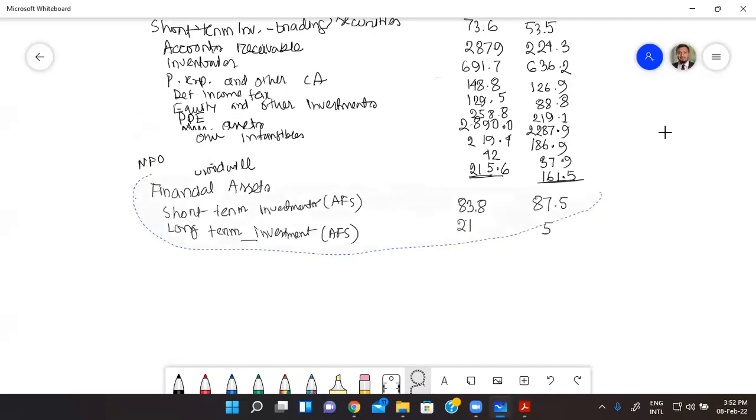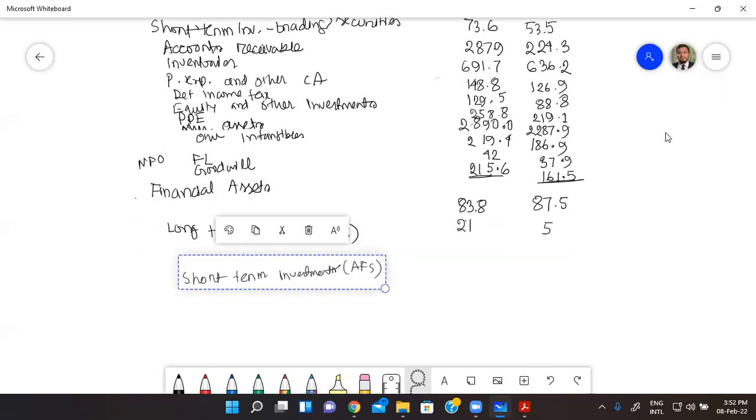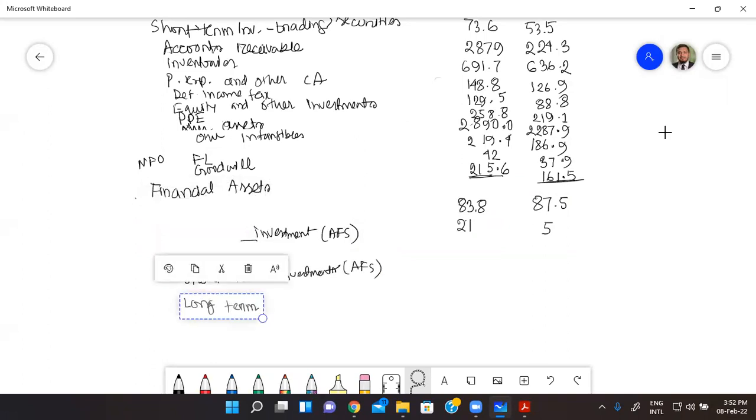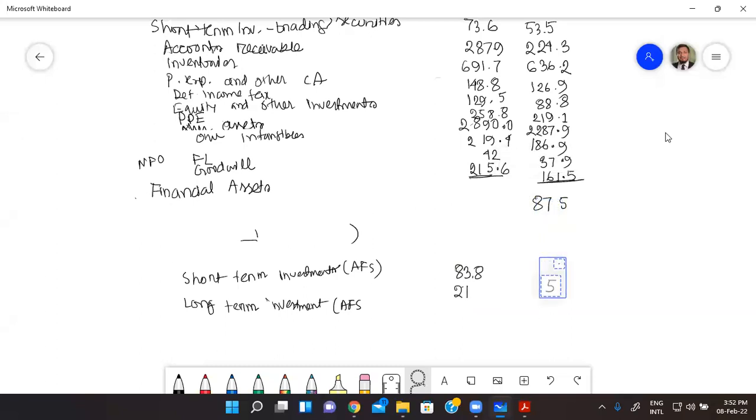I need to separate these things out. Have we got the summation for operating assets, total operating assets?